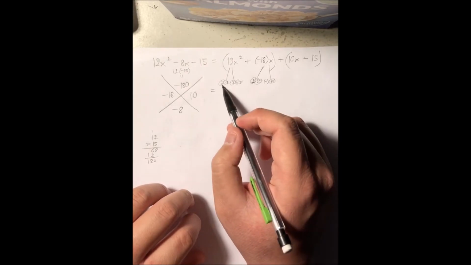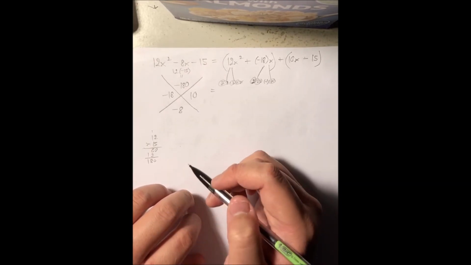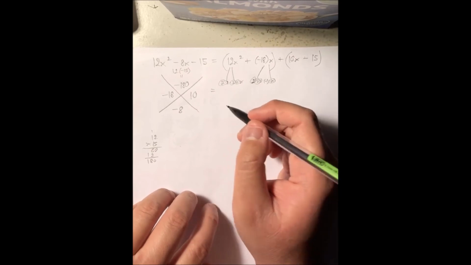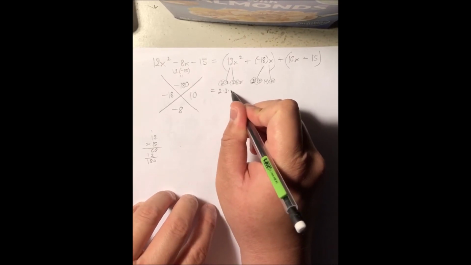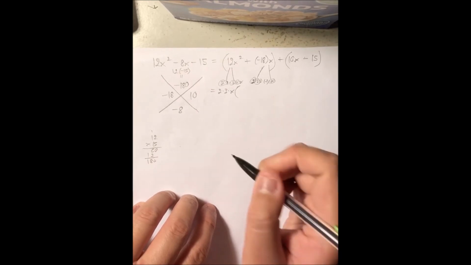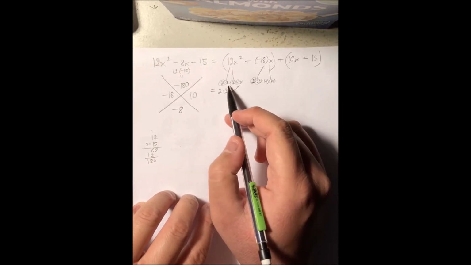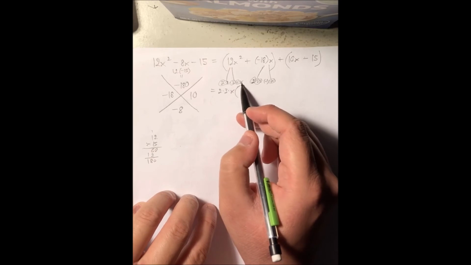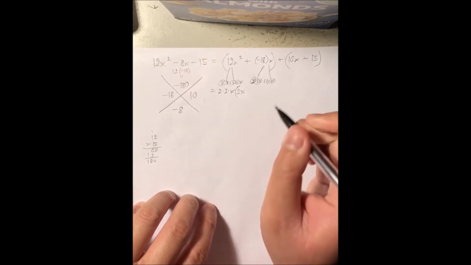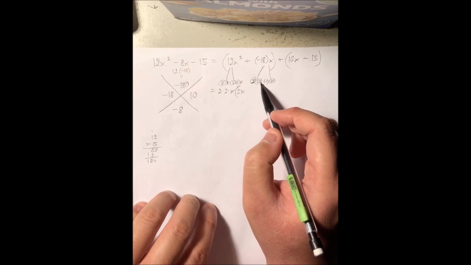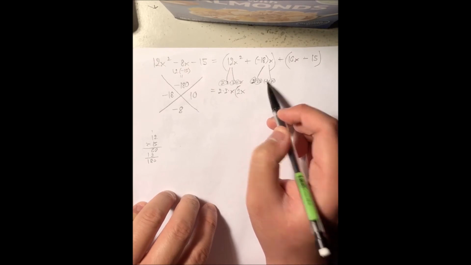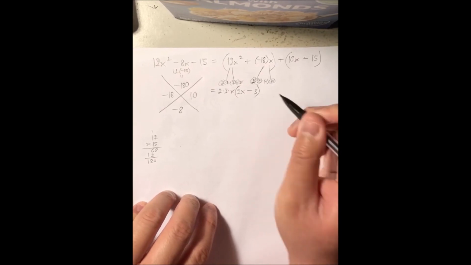So that's it. 2 times 3 times x is the largest common factor. We factor it out. The leftover of the first term is just going to be 2 times x. The leftover of the second term is going to be 3 times negative 1, which is just minus 3.